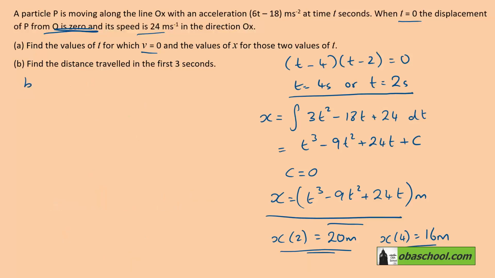So in part B, we want the distance travelled in the first 3 seconds. Well, we know that s of 0 is 0. That was given to us in the question. And we know that s of 2 is when the velocity is 0, so that's a potential turning point. So s of 2 is 20 meters. And then we want s of 3.